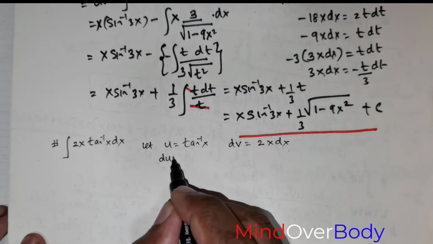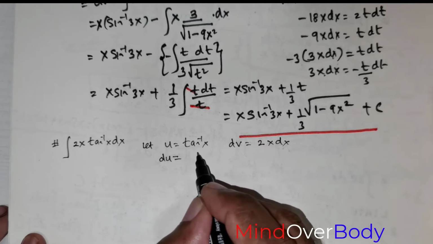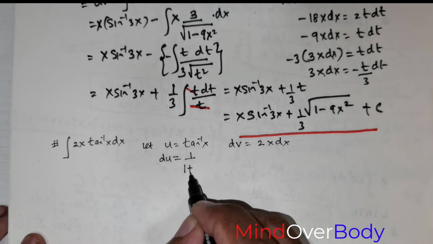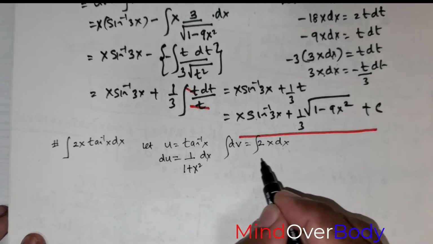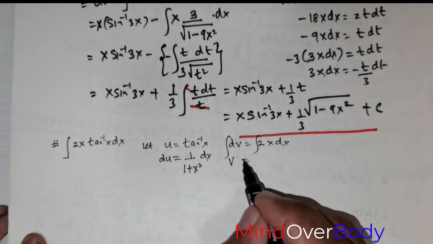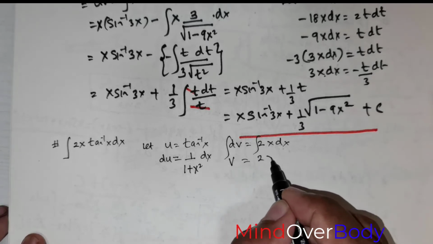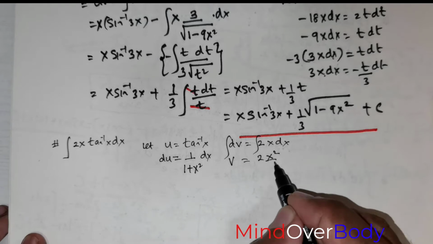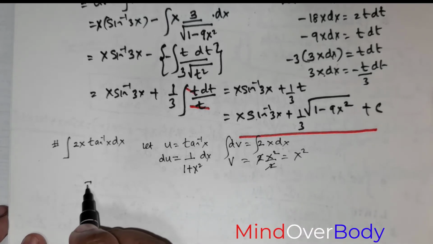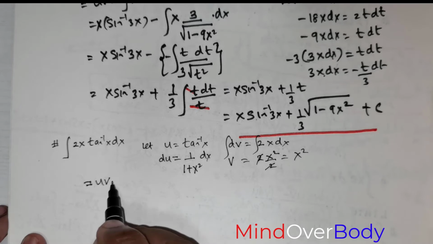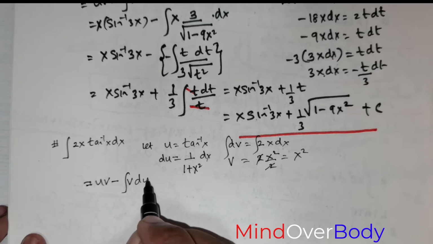Differential of u would give me du. Differentiation of tan inverse of x is going to be 1 over 1 plus x squared times dx. I'm going to integrate these two terms. Left hand side will produce v, the right hand side would give me 2 times x squared over 2. 2 gets cancelled, giving me x squared. So I will substitute it in the formula uv minus integral v du.